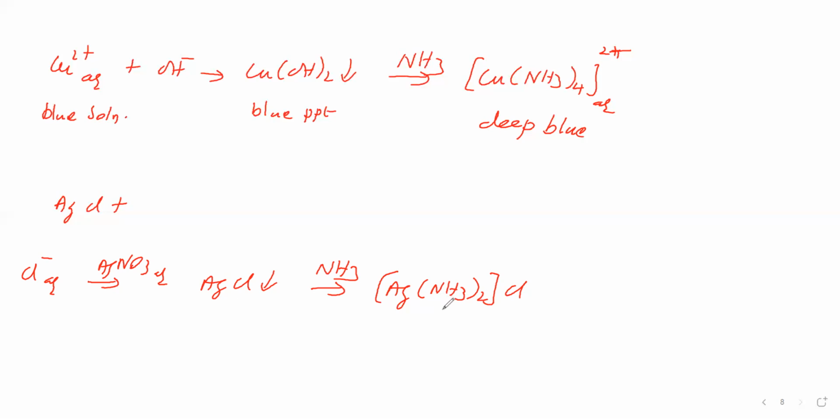Then we will see uses of ammonia. This ammonia is used for manufacturing fertilizers like urea, ammonium nitrate, ammonium sulfate, ammonium phosphate, etc. Then liquid ammonia is used as a refrigerant because its heat of vaporization is high.